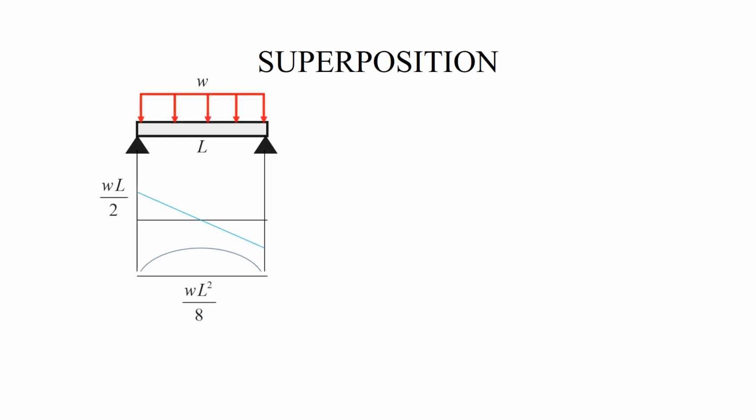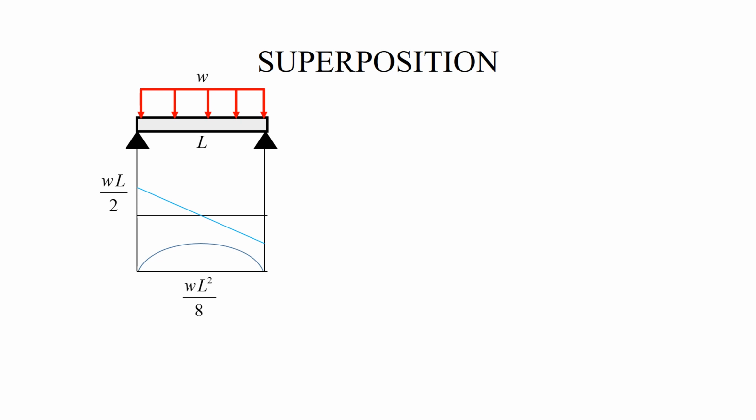Now, let's see what we can do further. So first I draw the shear force and bending moment diagrams for a simply supported beam under a uniformly distributed load. Very basic bending moment diagram. You could also get it from the table by differentiating twice the expression for the deflection line.